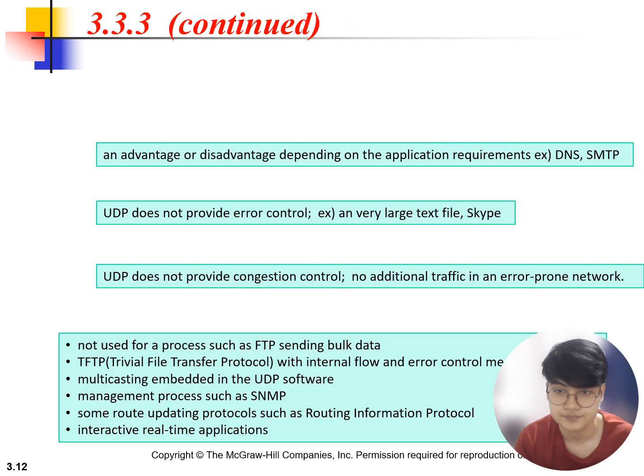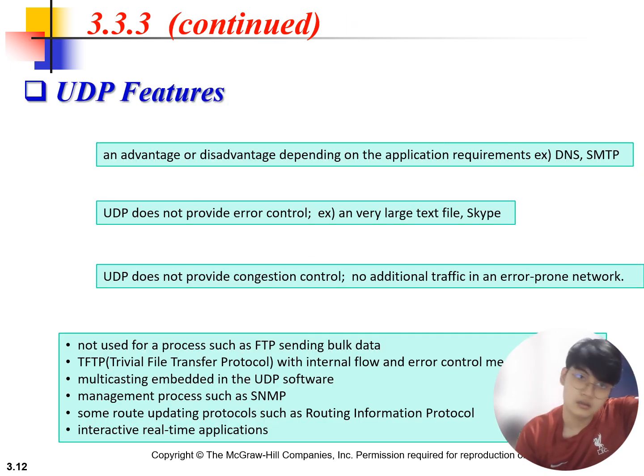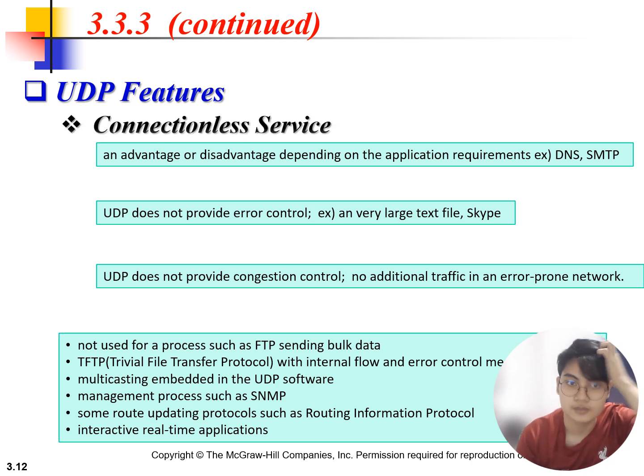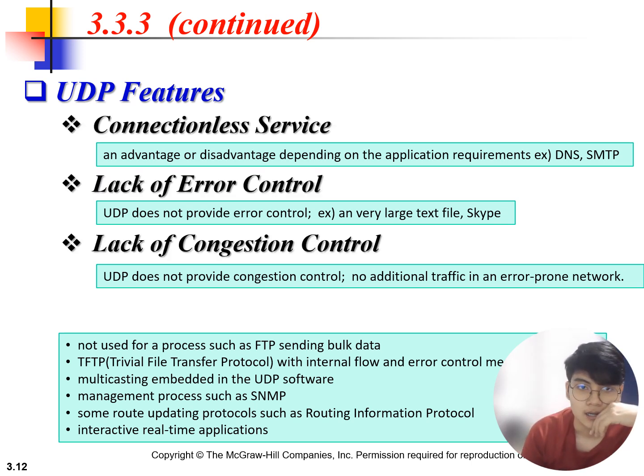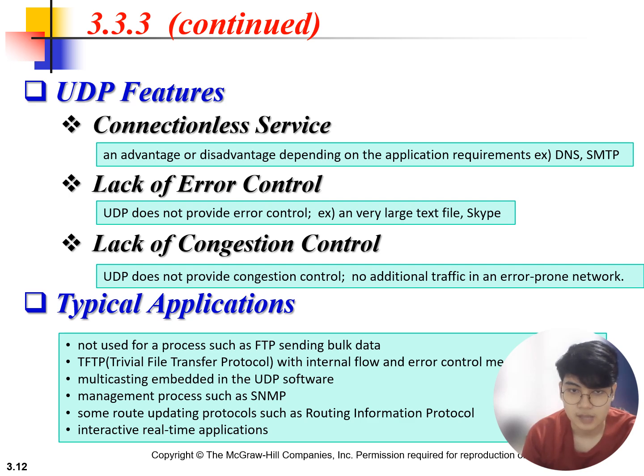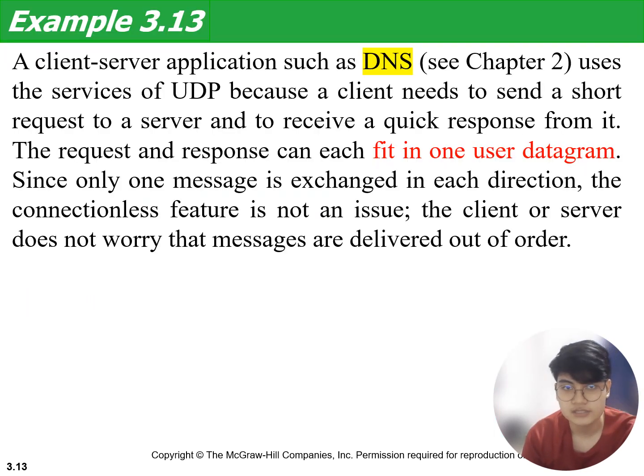UDP features: connectionless service, lack of error control, lack of congestion control. Typical application: a client-server application such as DNS uses the service of UDP because a client needs to send a short request to the server and receive a quick response from it.